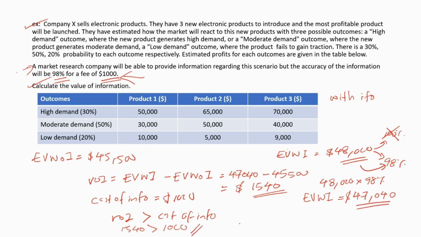This means we can pay the market research company in order to obtain the external information. So, pay the market research company in order to obtain the external information, because the benefit of obtaining the external information is greater than the cost of obtaining the information.